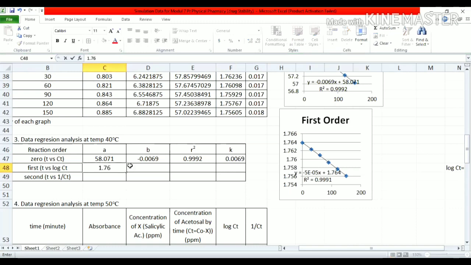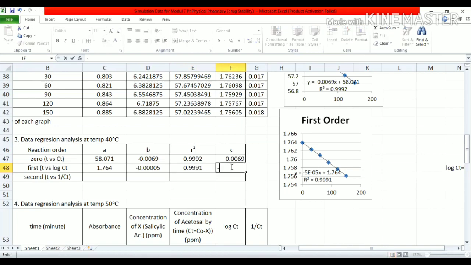The K is the number of B multiplied by 2.303, taking the minus B, because in the equation it is minus K over 2.303. So this is the value of K if the reaction follows the first order.